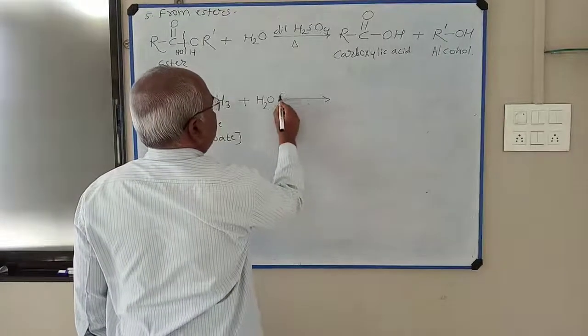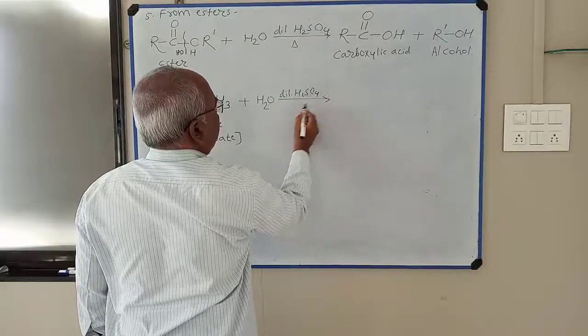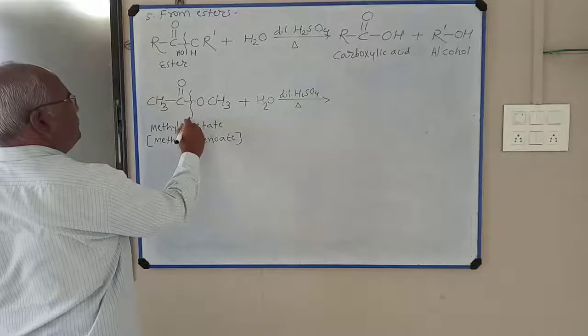On this arrow I represent dilute H2SO4. Heating is represented by the delta sign. The bond undergoes cleavage here.